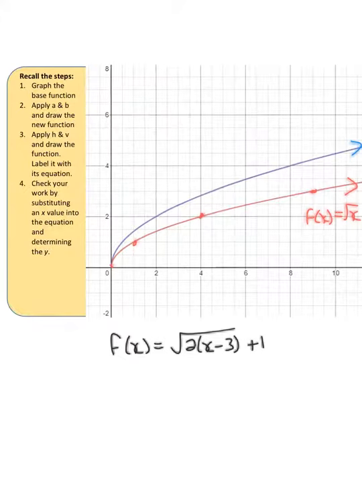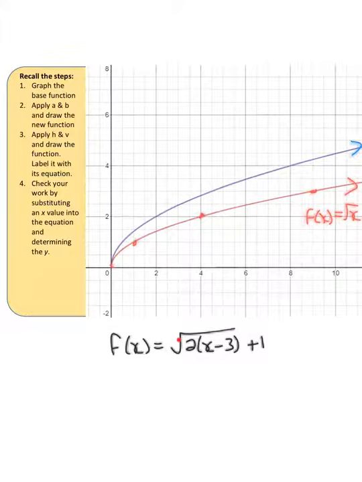I have used Desmos to show what this graph would look like after the a and b values are applied, so you can clearly see where the points are instead of me estimating it by hand on the iPad. But I will talk about how we go from the key points on the red function, the base function, to this new function when we apply the a and b values.